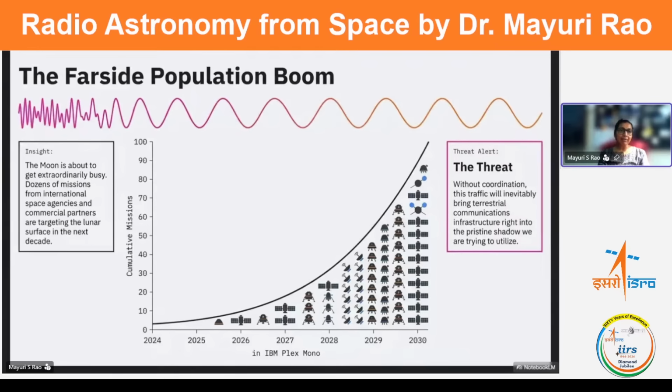So very quickly, we may lose the last radio quiet site accessible to humanity if this is not regulated. So there are bodies from across the world, including astronomers, who are trying to see if the far side of the moon can be protected and kept radio quiet. But only time will tell. So whoever gets to go sooner, they will get better quality data.